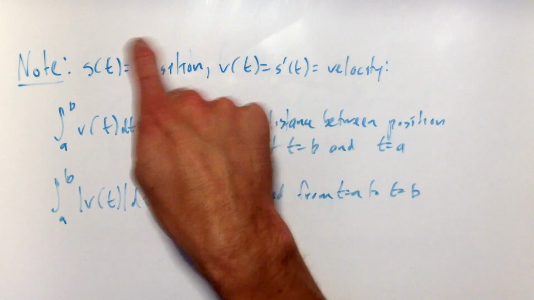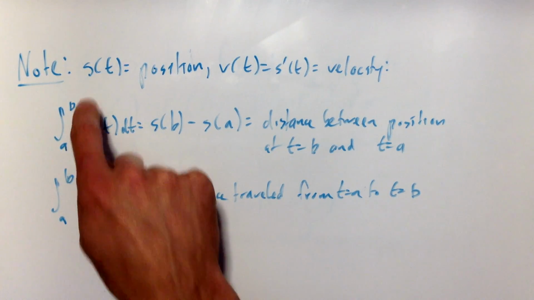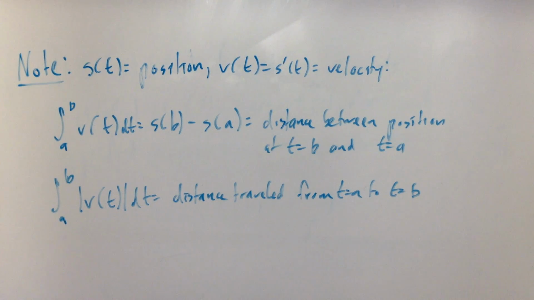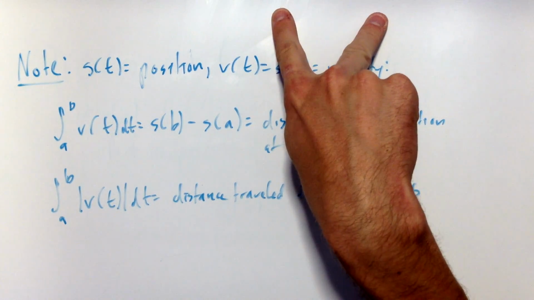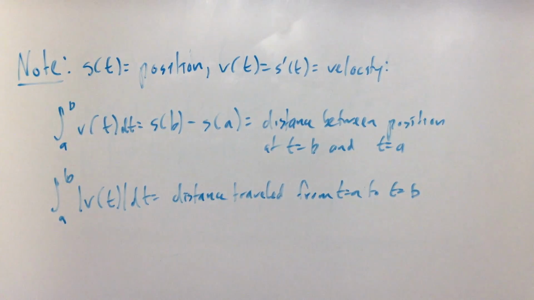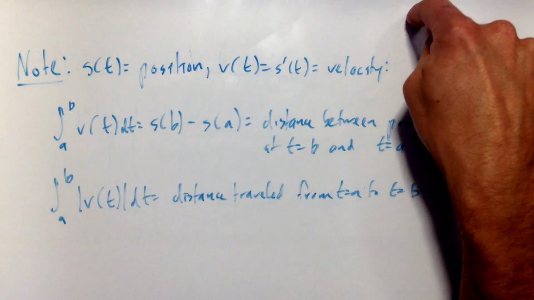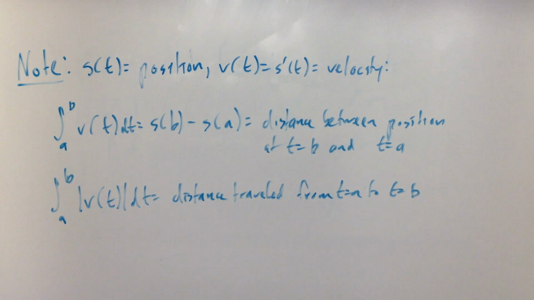It doesn't matter if I went back and forth between them 100 times over this time interval from a to b, so long as I'm just integrating the velocity. All that matters is the net change, just the distance from where I started and where I ended. Furthermore, you could end up with a negative number here, and that would mean that I started over here and I ended up over here, so I traveled in the backwards direction overall.